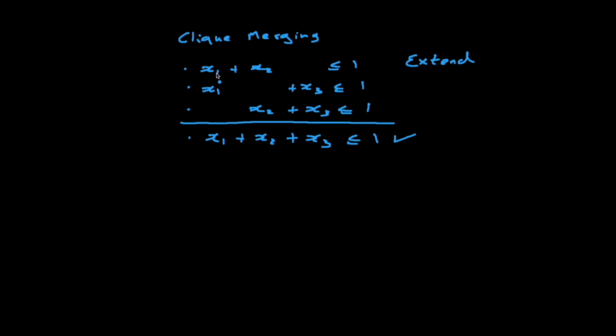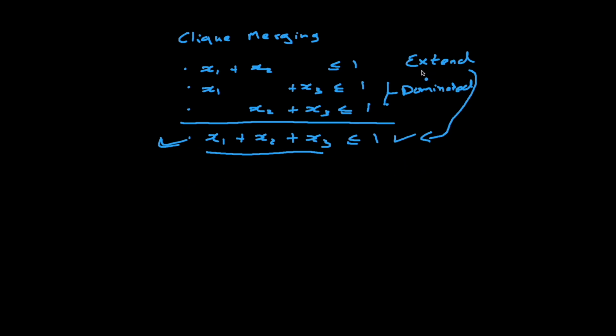It had only x1 and x2, and now it will also have x3 in it. So one clique was extended, and these two cliques were dominated, or consumed, or reduced, whatever. They are now redundant after we have this extended clique, and so they can be removed from the model. In fact, all three of them can be removed. We can just keep this one only.